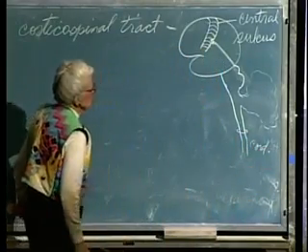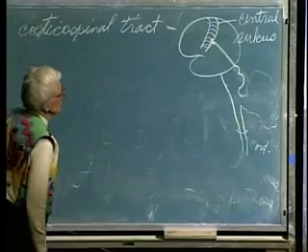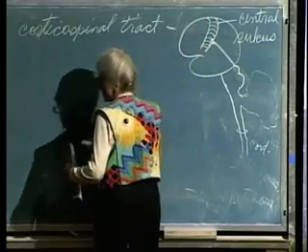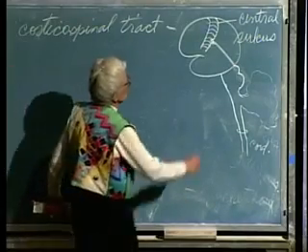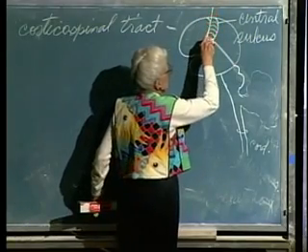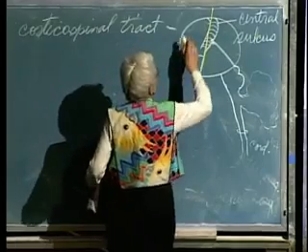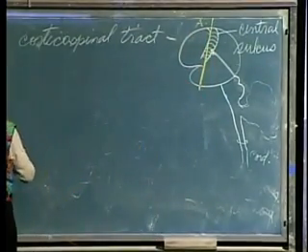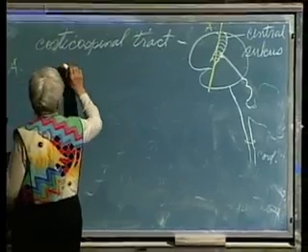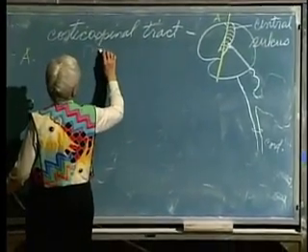So we want to get started with a section through our precentral gyrus. We'll take a coronal section through. So A will be what we do.